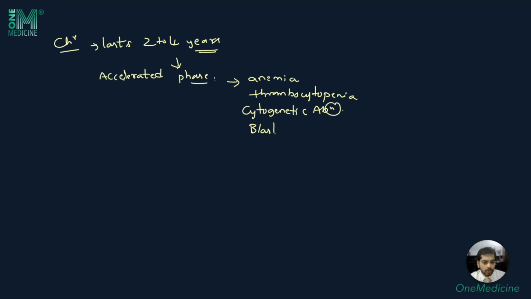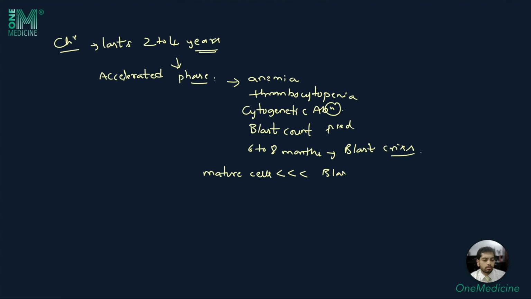Blast cell count can increase in this stage, and usually over the next 6 to 8 months blast crisis develops, where the mature cells are far less when compared to blast cells within the peripheral smears, and the clinical picture usually resembles acute myeloid leukemia rather than chronic myeloid leukemia itself. When the blast crisis occurs, the survival is almost less than 4 months.